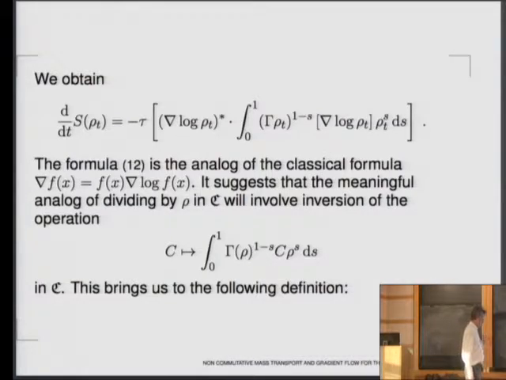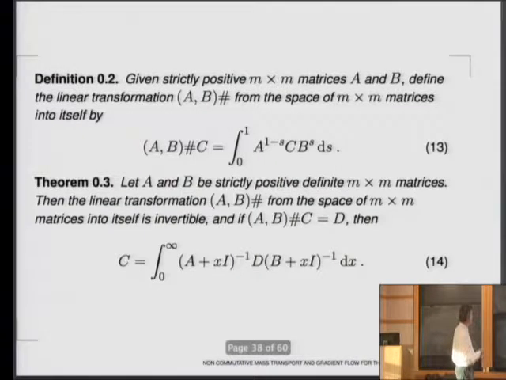And we need to divide by rho to work with these formulas, so we need to invert this operation. It turns out to have a simple inverse. Here's this operation: if you have two positive operators, a comma b sharp means you form this gadget. Now here's the inverse of it, which is just this.